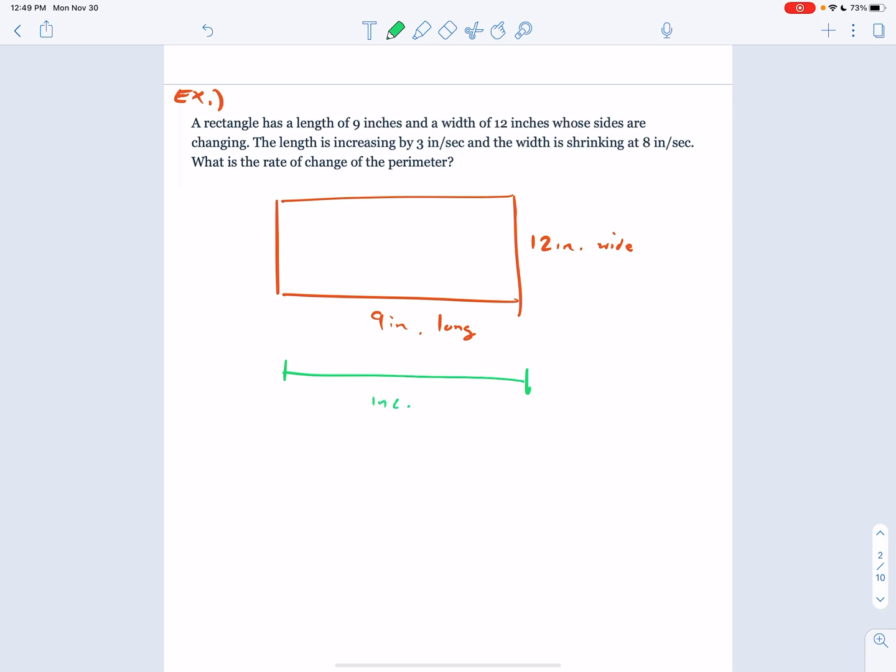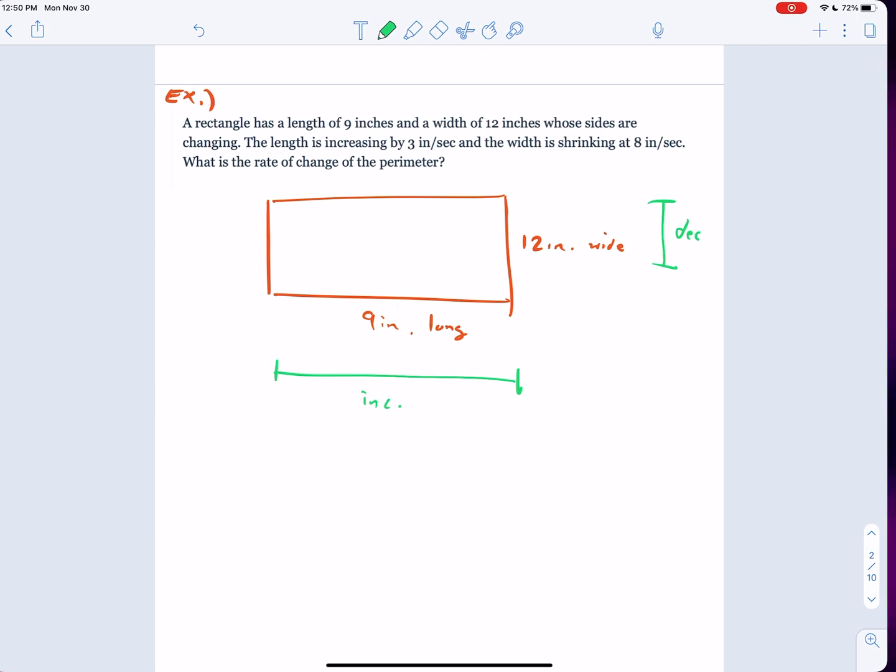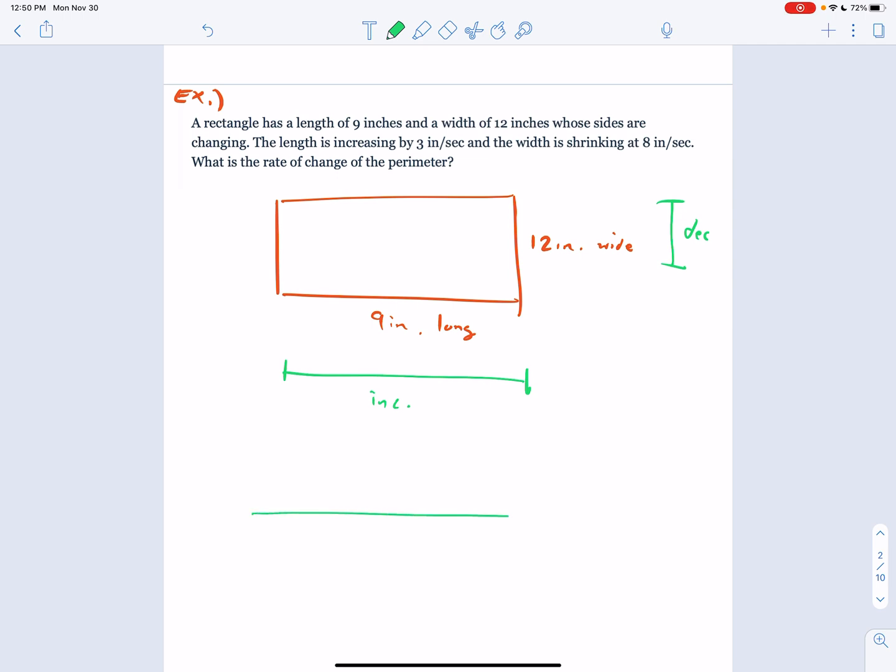It's increasing, okay? And then the width is actually getting smaller, so it's decreasing. Okay, so if we were to just pan this out in a certain amount of seconds, you'll get something that's really long but really short, depending on how much time has elapsed here.